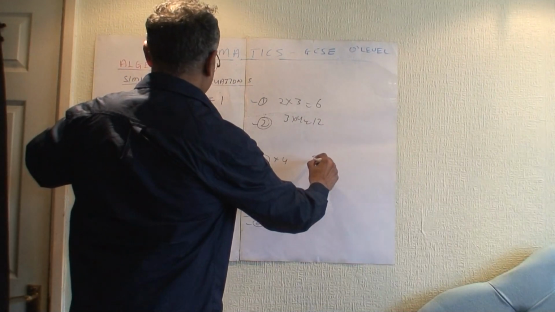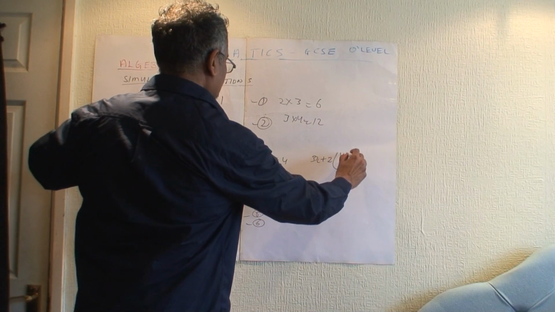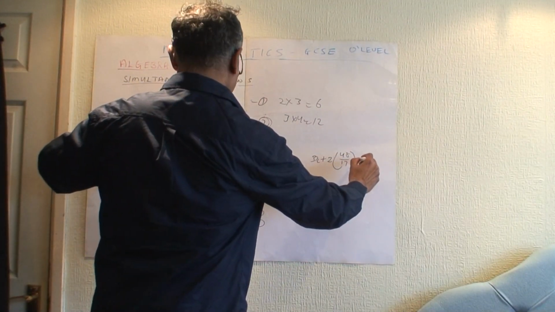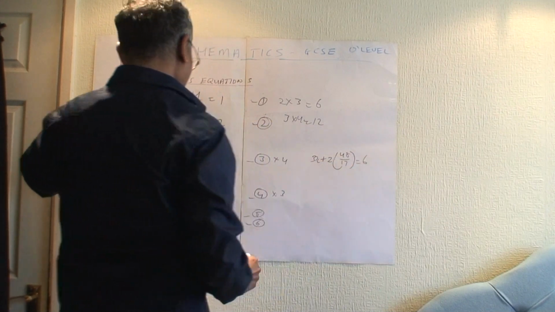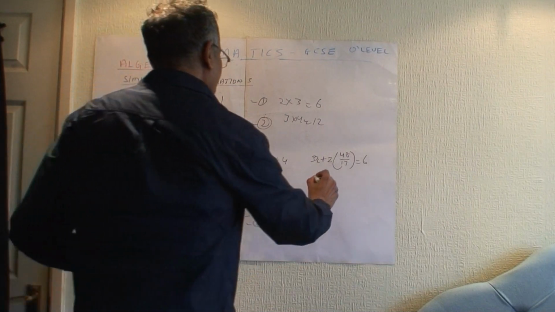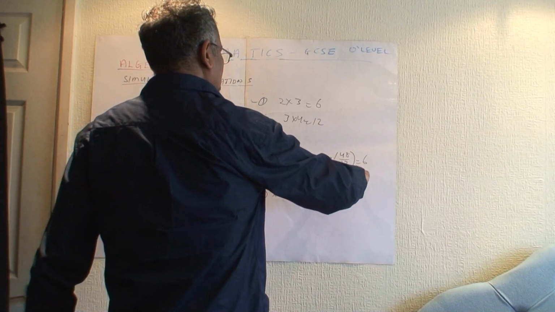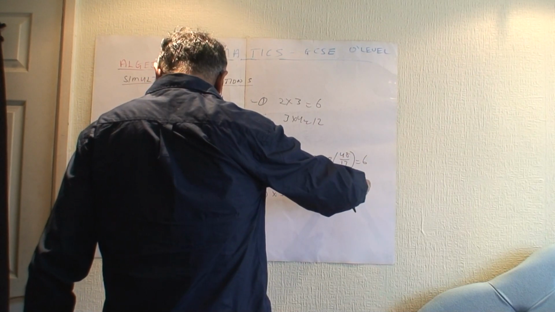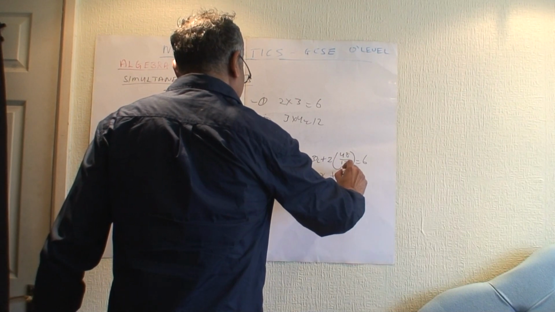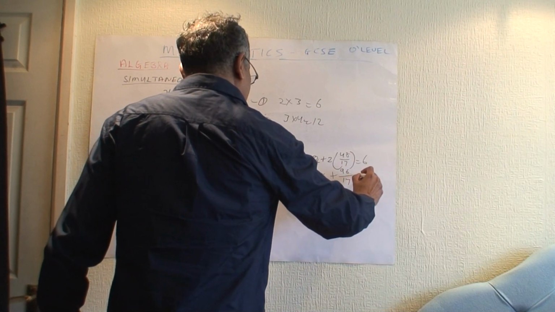So that's 3x plus 2, and y is 48 divided by 17, and that's equal to 6. So 3x, you have plus 2 multiplied by 48 over 17. That's plus 96 over 17, and that's equal to 6.